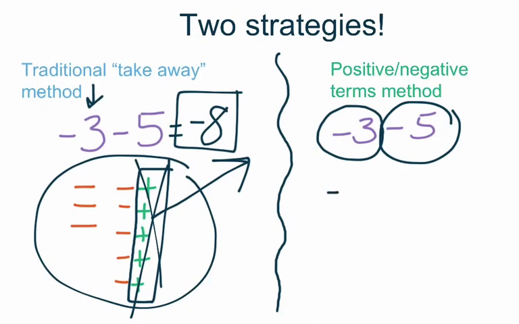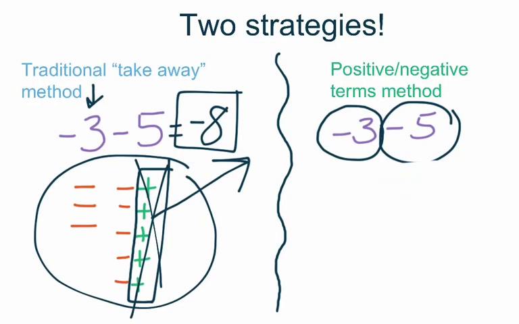Okay, so in a way, I could rewrite this as negative 3 plus negative 5. Another way of saying that is instead of subtracting 5, I'm going to add negative 5. And if that confuses you, don't worry, you don't have to worry about that. But let's just look at our terms.